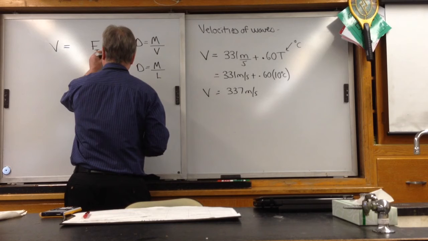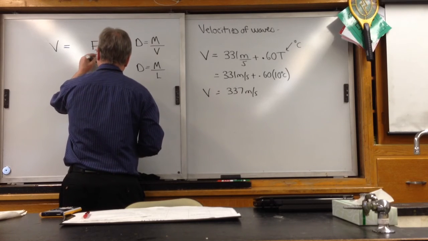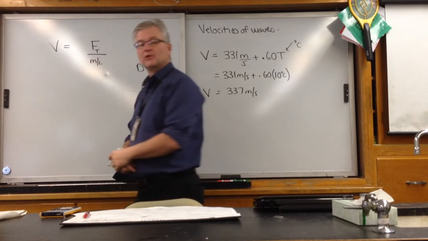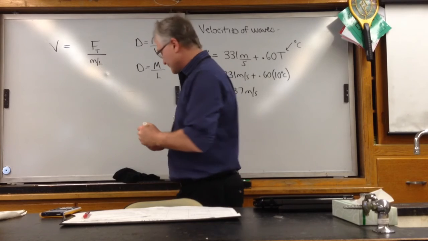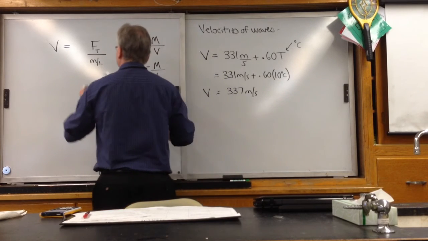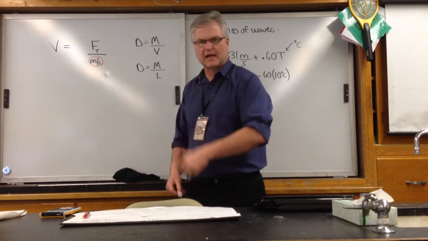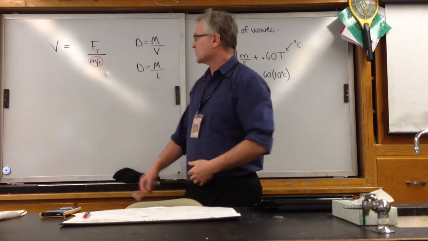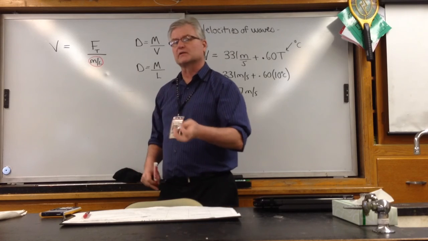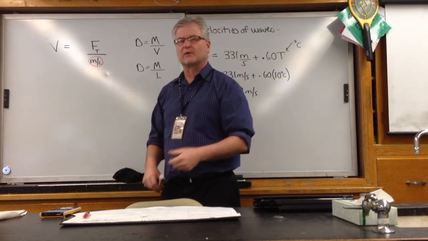So when I go to write the formula like here, I'm going to write the density in the bottom right here because it belongs in the denominator. Now, when I circle this, I like to think about this density, the mass divided by its length, as a thing. That is the actual thing itself. So don't split these up or anything. They kind of belong together, the mass of the string divided by its length.